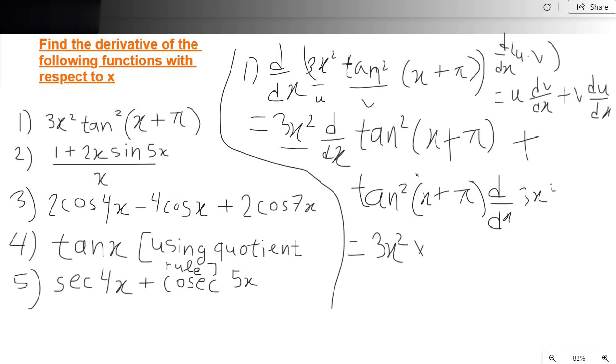So we have to apply the chain rule to tan squared x plus pi, assuming this is a separate function u.